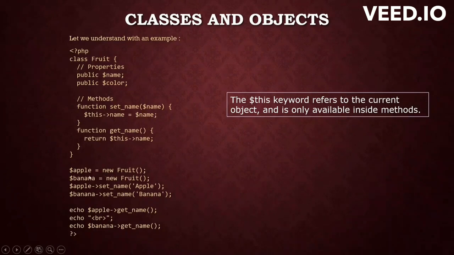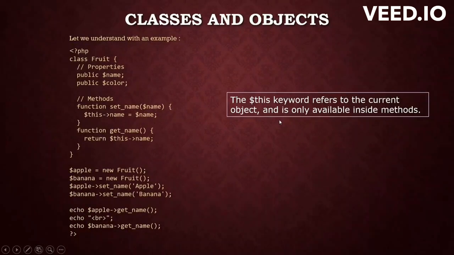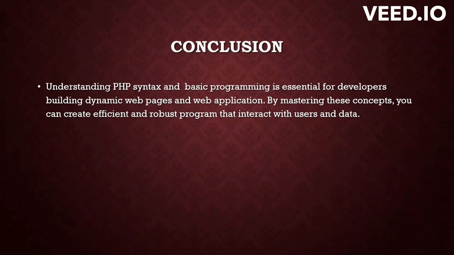By that syntax we create an object. Here we make two objects, apple and banana, and by using that object name we set the name of those fruits, and by calling the function getName we get the name of those fruits. Here the this keyword refers to the current object and is only available inside methods.